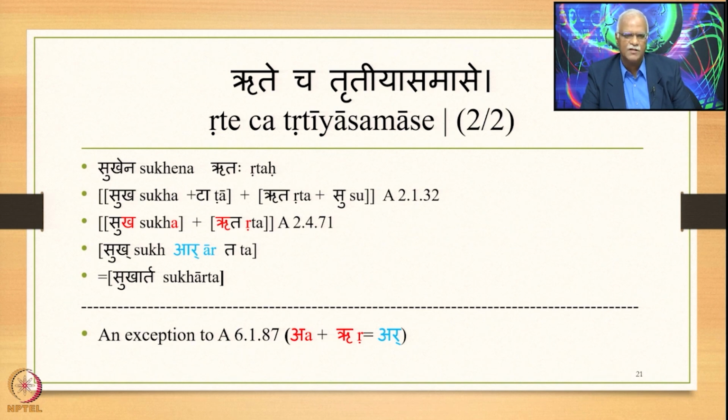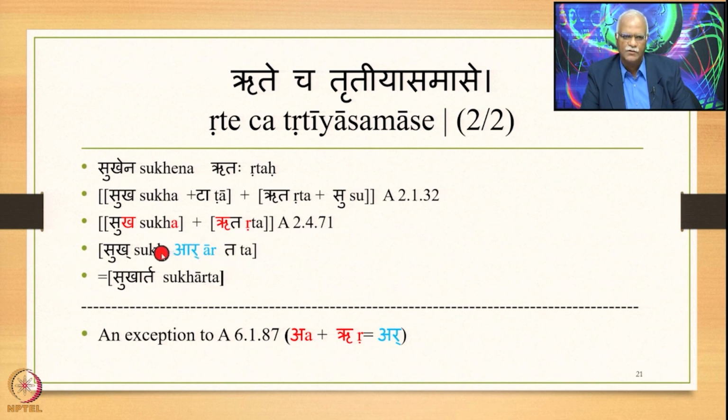So we have sukha plus rita, and now you have this a coming at the end of this pada, followed by ru coming at the beginning of rita, and now this particular statement applies, and in place of this a and ru, r, that is the vriddhi substitute, takes place. And we have sukh, r and ta, and that is sukharta.